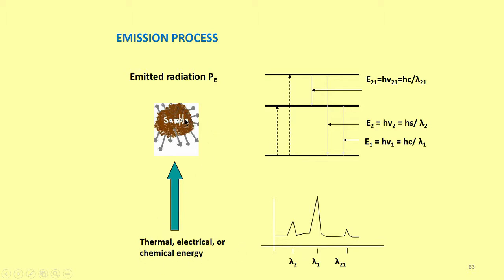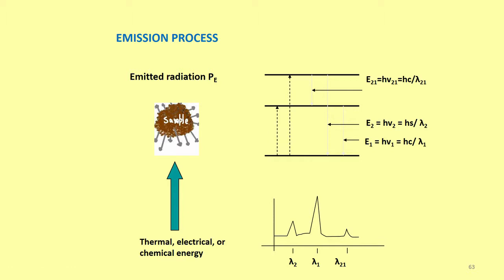The sample is here. The emitted radiation is collected here, my radiation also comes here, the electromagnetic radiation reacts with the sample and the energy comes out, that is photonic energy.